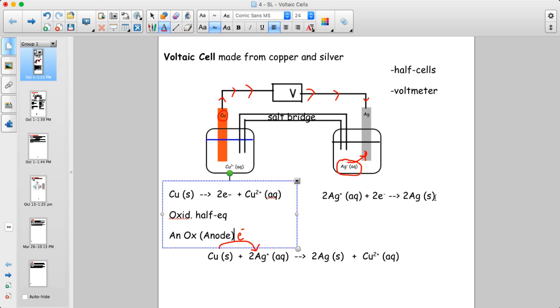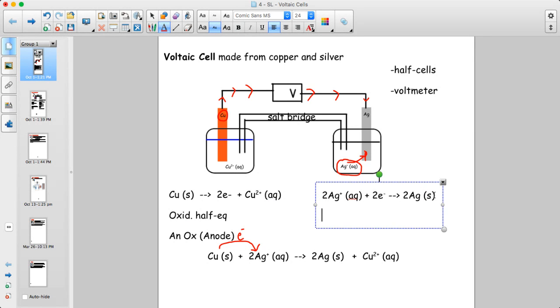Well, if I go to the silver electrode, okay, this is the reduction half equation, and so Red Cat, that tells me that the silver electrode is the cathode.